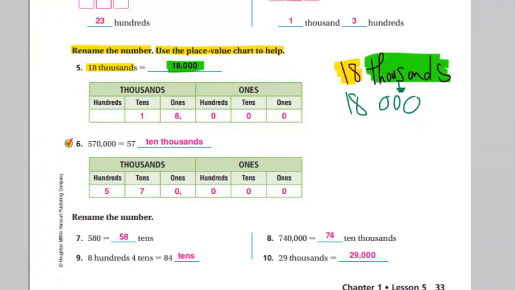Okay, number 6, we have this number 570,000, and he asked me to complete. Let's write our number here, 570,000 equals 57 blank. First of all, we have 57 here and 57 here. So he asked about the 4 zeros here, right?